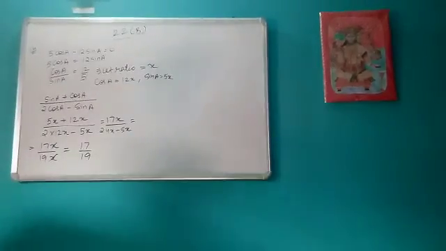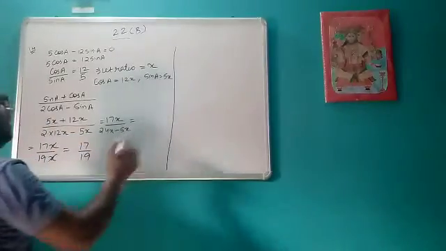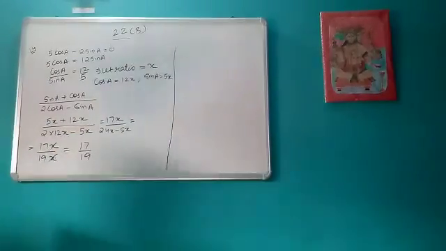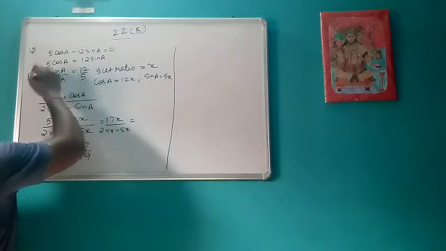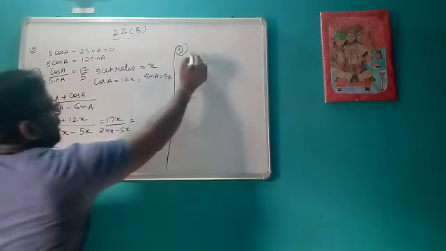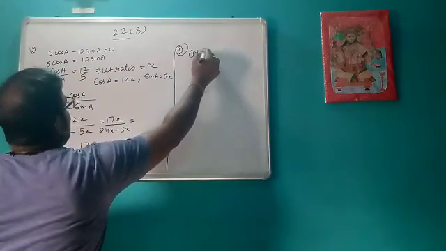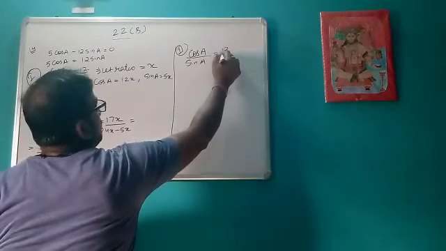Okay, just in case, one more method is there. We can solve this question by one more method. This is one method. Okay, one more method you can see. So when you see this, cos A upon sin A is equals to 12 upon 5.